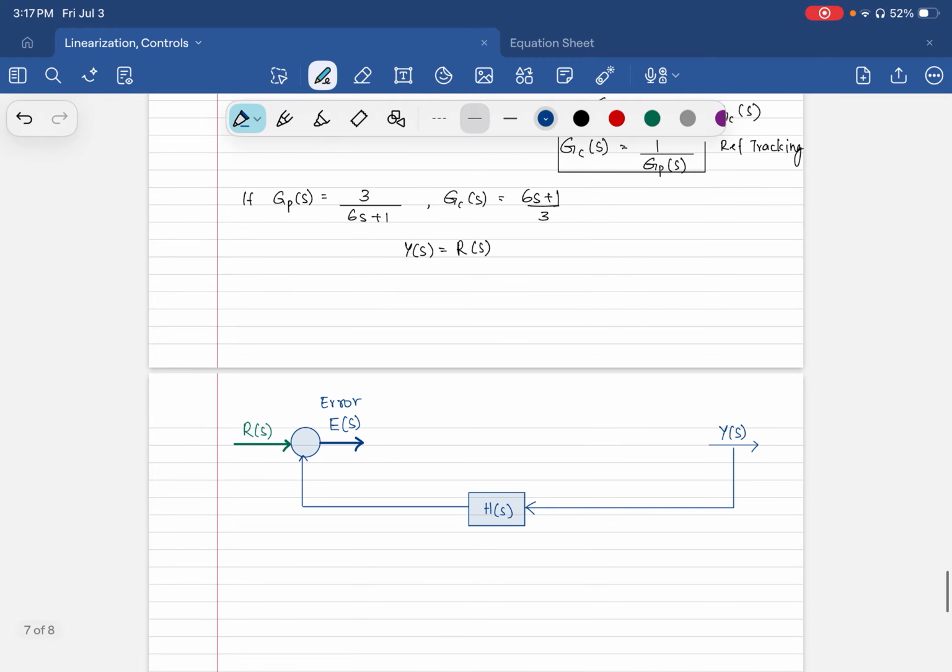And you now have the controller, that is Gc of s. And this Gc of s is your control system that is creating a signal that is now coming into your actuator, which creates the input.